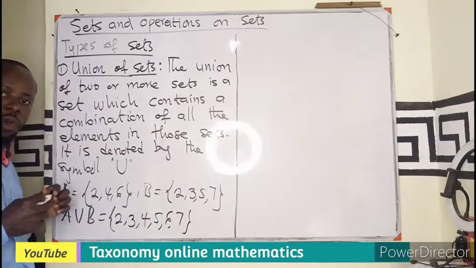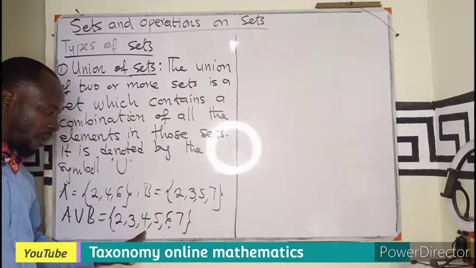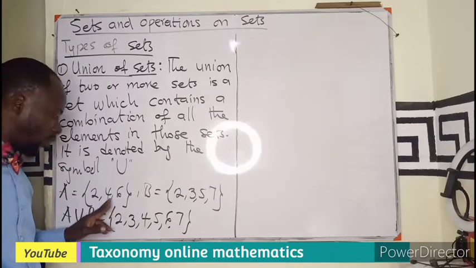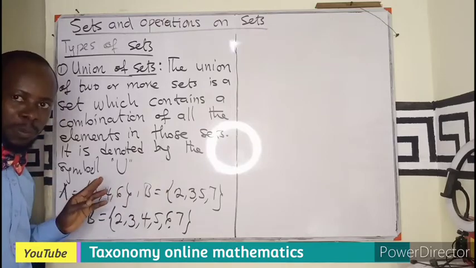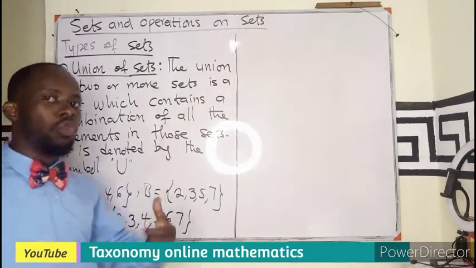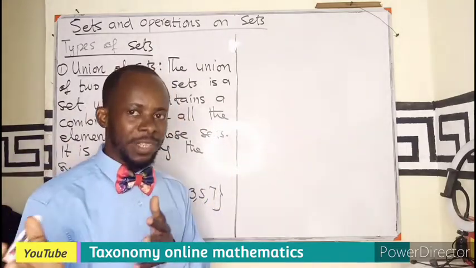So the union of A and B will be 2, 3, 4, 5, 6, 7, even though 2 appears in both sets. When you are referring to union, you combine the elements that belong to the two sets.